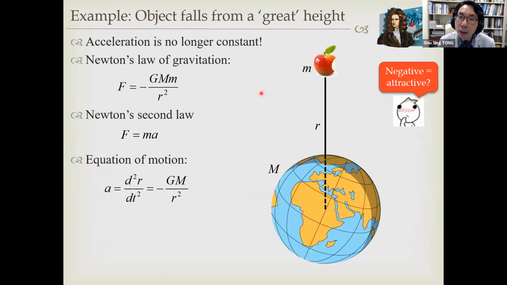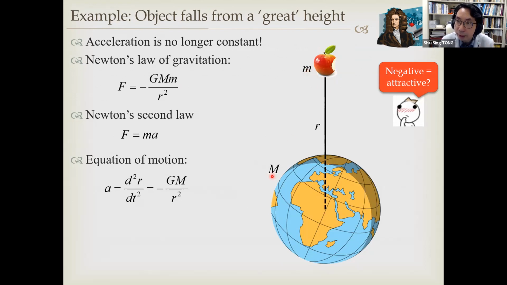Now let's go a bit further. Okay, suppose now we know the law of universal gravitation. I think you learned it in high school before. The gravitational force between an apple, for example, raised at a distance r from the center of the Earth. Okay, r is the distance of the apple from the center of the Earth, and the mass of the apple is m, small m.